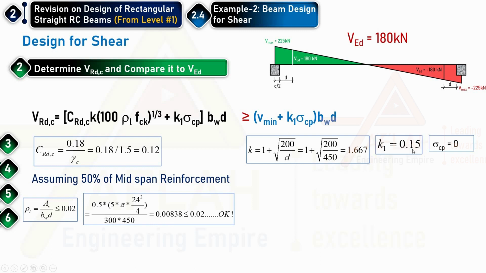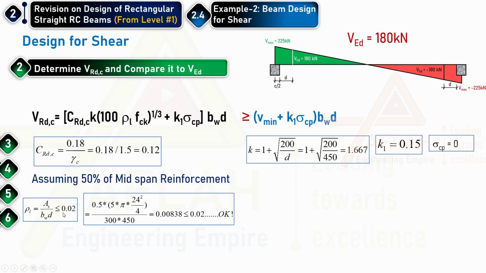0.00838. Whereas here sigma CP is the stress induced by the pre-stressing force. Since we don't have any pre-stressing force given here, it is 0. So for this, we will only take the remaining part. Here it's good that you take a percentage of about half of the midspan reinforcement, because it's simply supported.